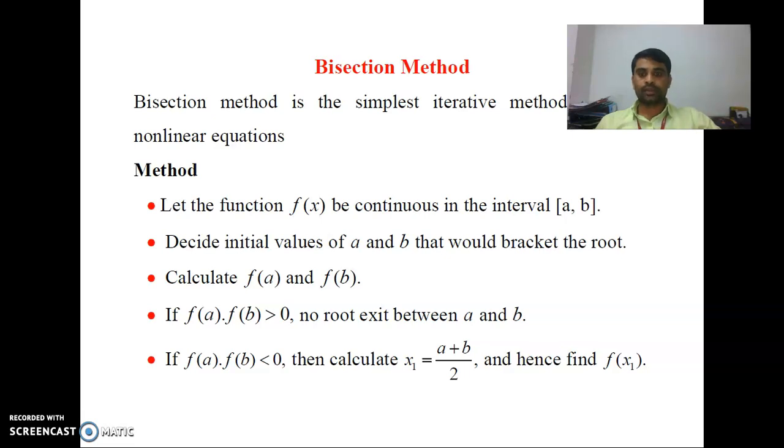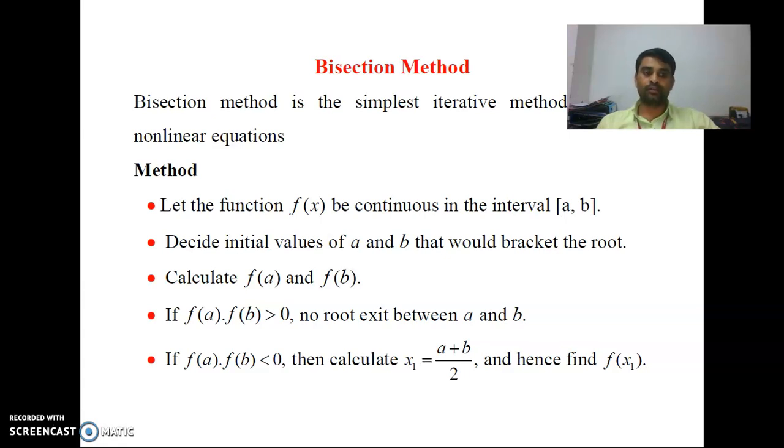If f of a into f of b is greater than 0, then the root does not lie between a and b. If f of a into f of b is less than 0, then the root lies between a and b. Then we have to calculate the average value of a and b. It is denoted by x1. It is also known as the first approximation.